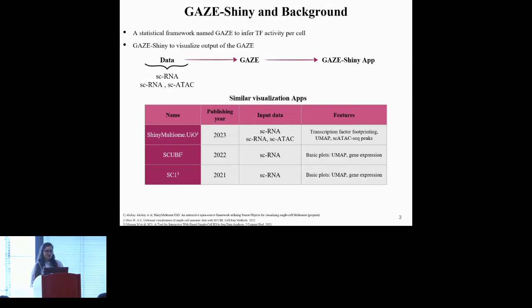Two other ones, SCUBI and SC. The input data for both is single cell RNA, and they allow users to explore the data and see some plots like UMAP and gene expression. But a unique feature of Gaze Shiny is the visualization of TF gene regulation at single cell level.